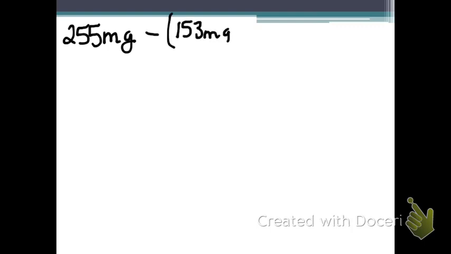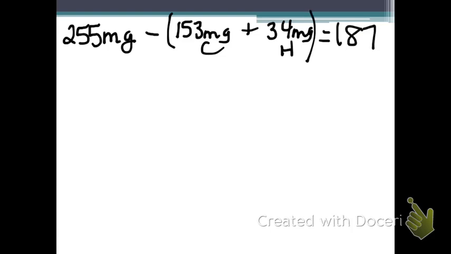Now, I know, according to the problem, that I had 255 milligrams total of my sample. I now know that I had 153 milligrams of carbon and 34 milligrams of hydrogen. Add them up and then subtract, and I know by default that I had 68 milligrams of oxygen.